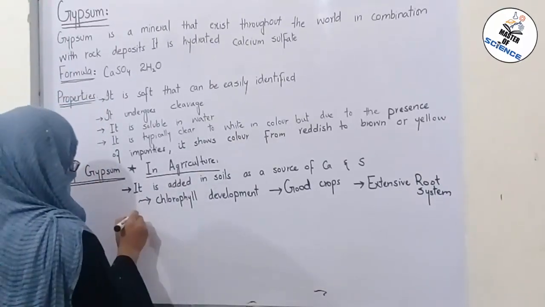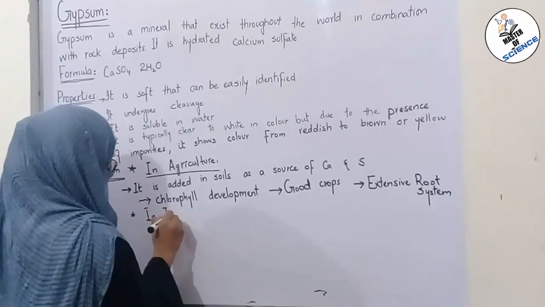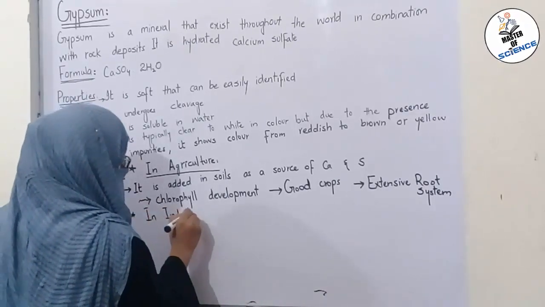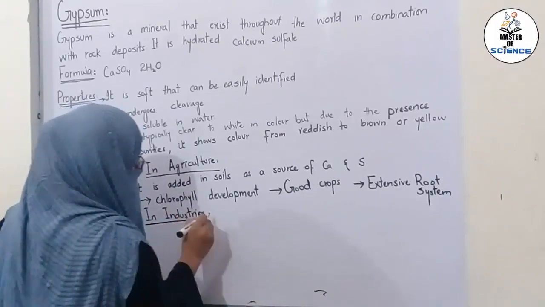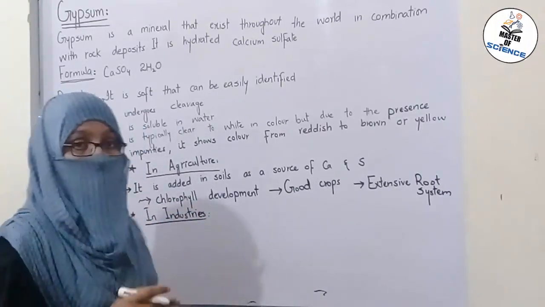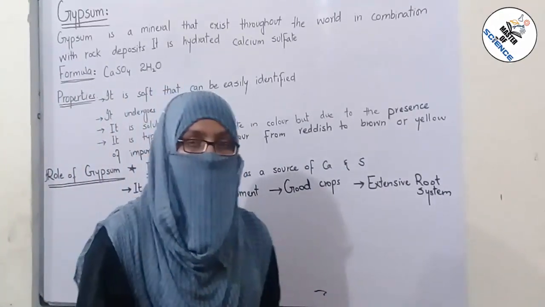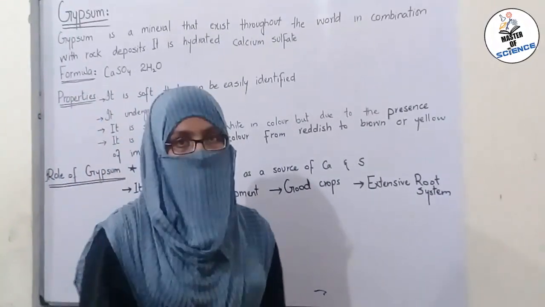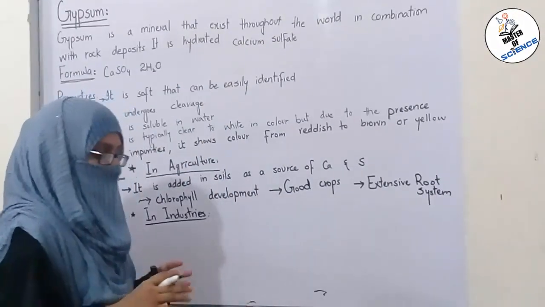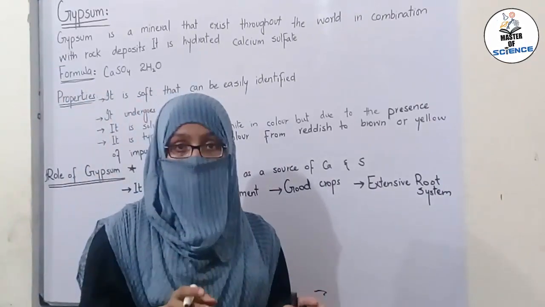Now, second point is how it is used in industries. When gypsum is heated under controlled conditions, it loses 3/4 of water of crystallization. The resulting product is called plaster of Paris.